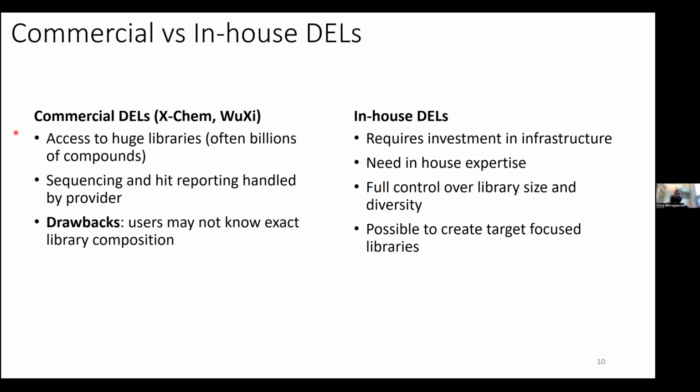And the big drawback with this way of working is that we have no idea about the library composition, no idea about the chemotypes that are included in the library, and if these can be compatible with the target we are working on.